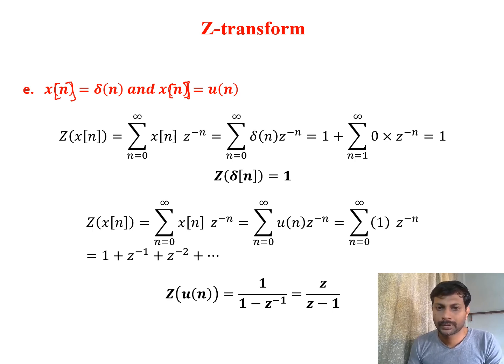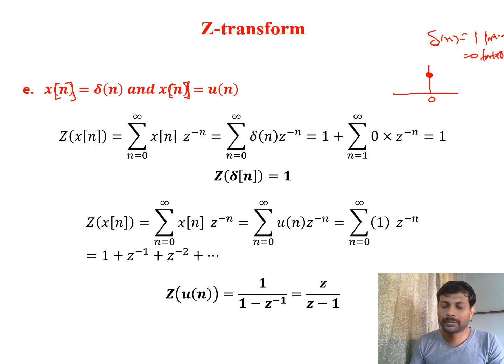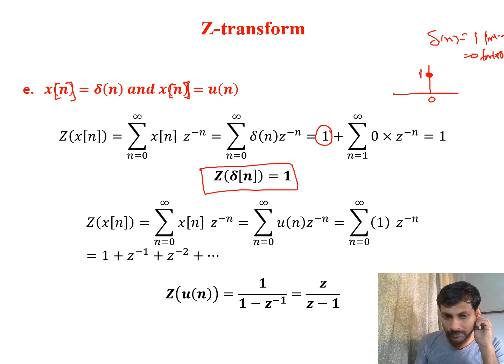If you take the impulse function, delta n is equal to 1 for n equal to 0 and 0 for n not equal to 0. So the first term will be 1, the rest of the terms will be 0. So for n equal to 1 to infinity it is 0. So we are left with only 1. That means the transform of the impulse function is equal to 1.